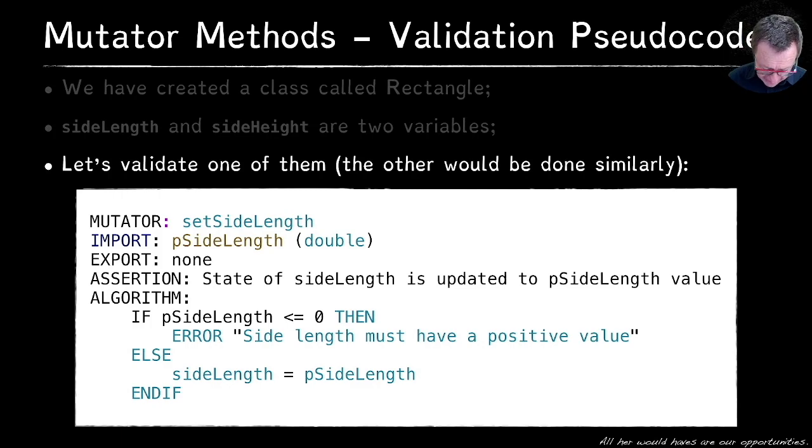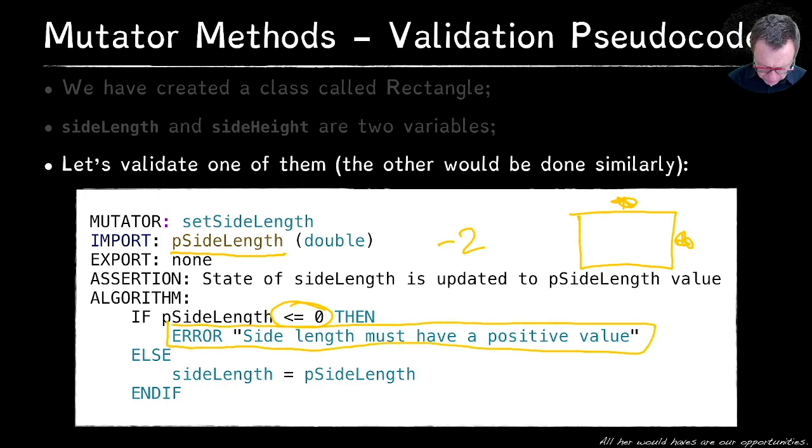If we look at this, what are we doing? We're importing the side length, which is of type double. Then in our algorithm, we're checking, because if you have a rectangle, this cannot be negative, and nor can that. If you ask what's the side length and you say -2, that doesn't work. So we perform a validation. In this case, I haven't thrown an exception. I've just put out an error message.